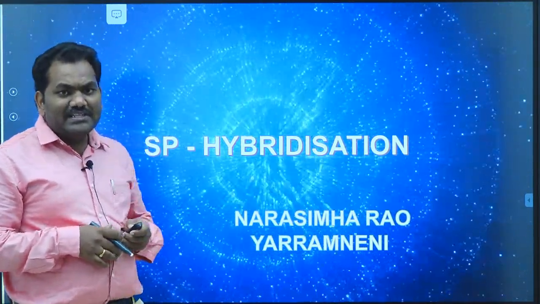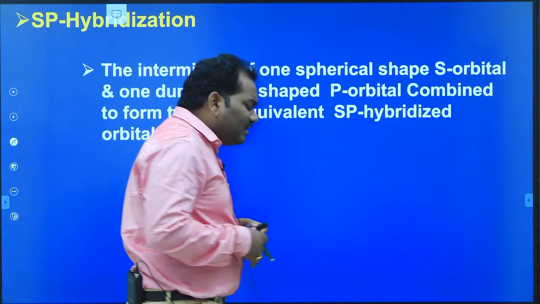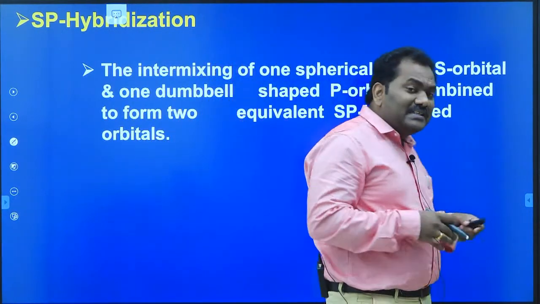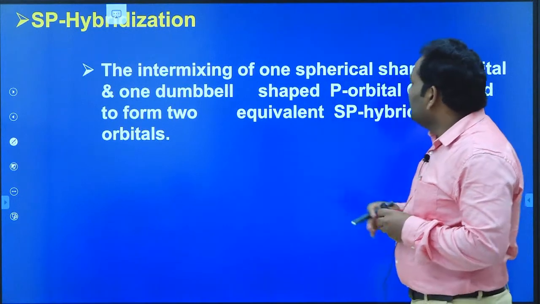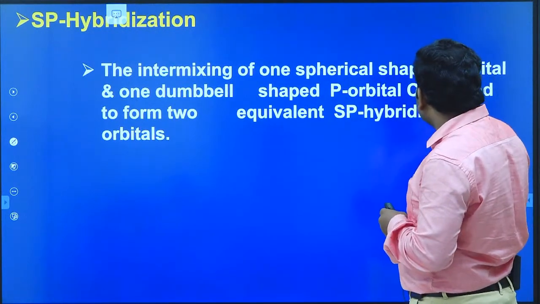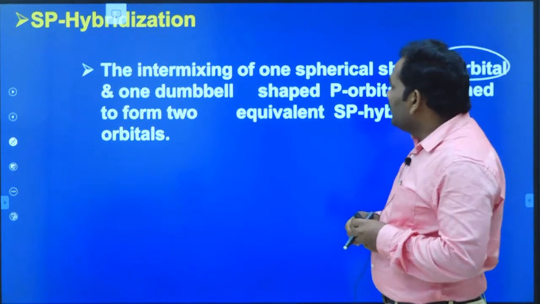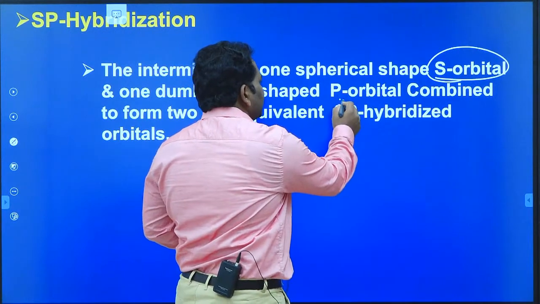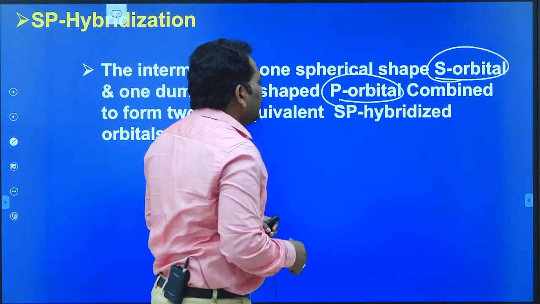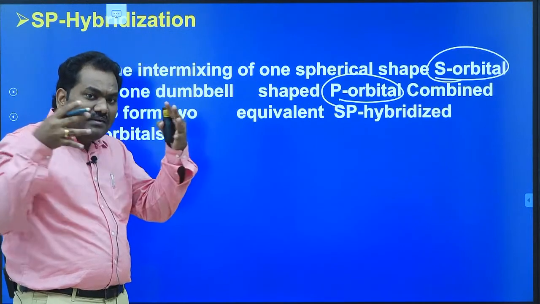What is sp hybridization? The definition of sp hybridization is the intermixing of one spherical shaped s orbital and one dumbbell shaped p orbital.